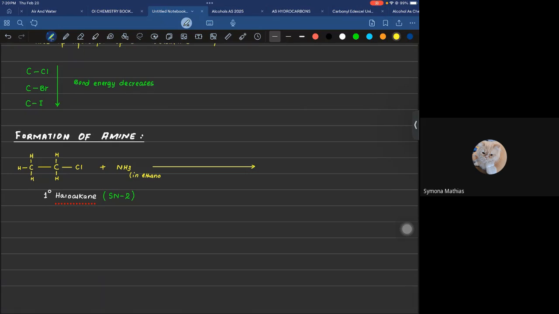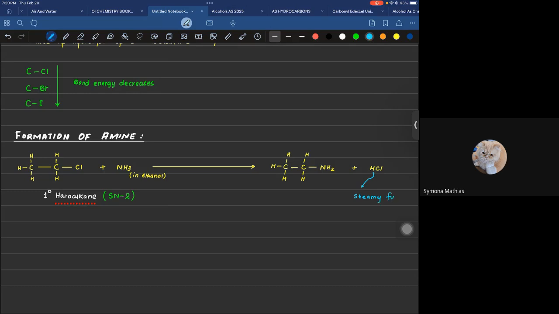Okay, so I was saying that if you're using ethanol, this product can be produced, NH2. This is ethanamine, where Cl is substituted by NH2, and the rest of the product would be hydrogen chloride, which gives steamy fumes.